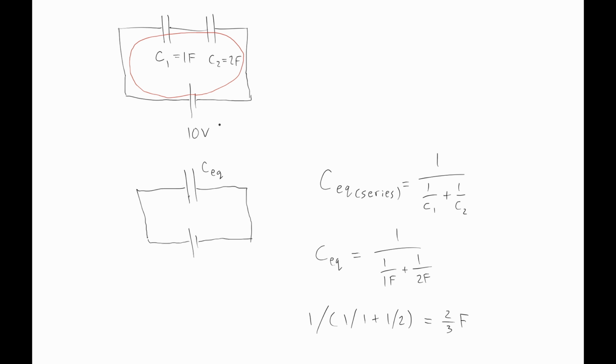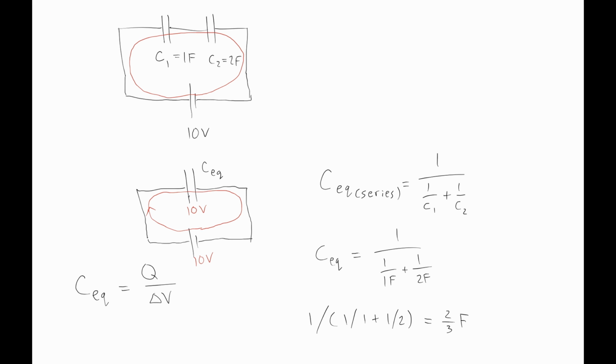Okay, so now that we know that, we can now figure out how much theoretical charge this equivalent capacitor would attract. So you want to do CEQ equals Q over delta V. Now in the theoretical simplification of the circuit, we see that there's only one capacitor in the path there, which means that theoretically that capacitor, the imaginary capacitor, would drop 10 volts because the battery has 10 volts.